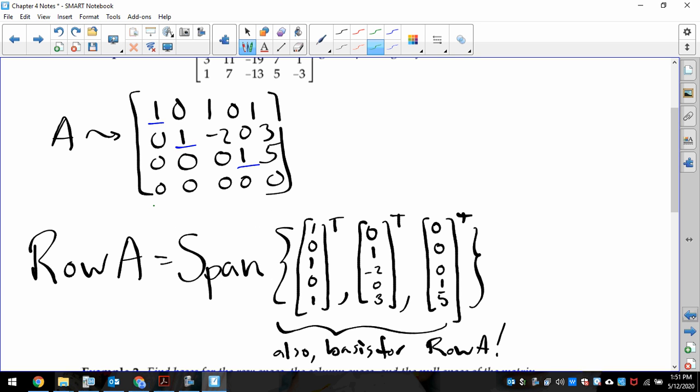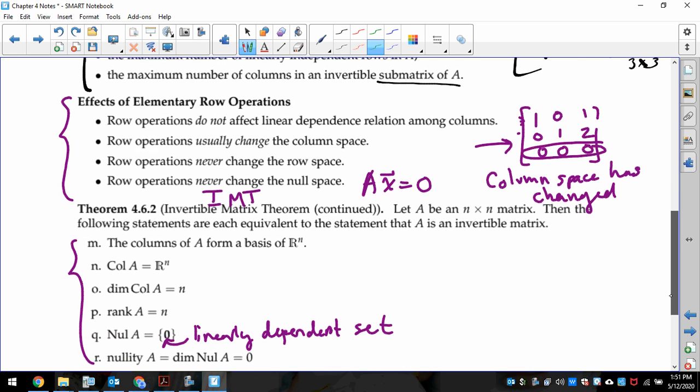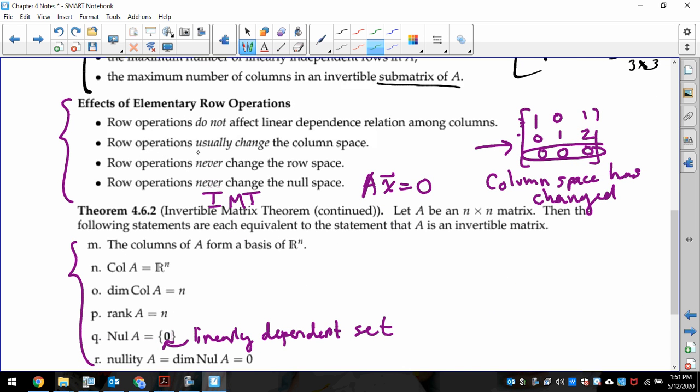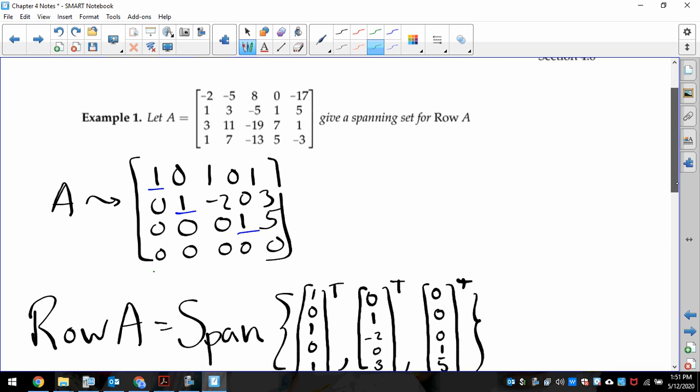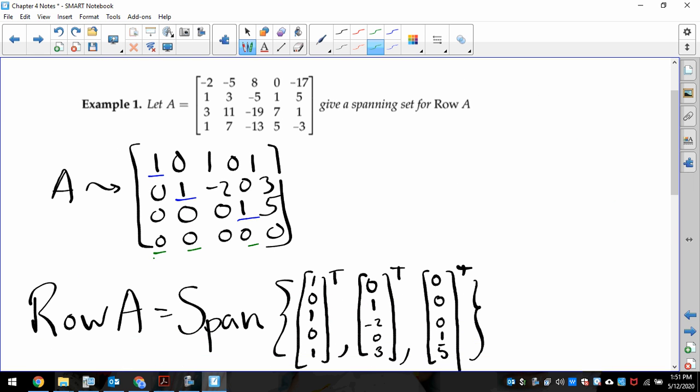And remember, the reason that this isn't the row space is because row operations usually change the column space. So the reason that we don't want to take these columns is because they're no longer the vectors that we started with. What we want to do instead is correspond these pivot columns back to the original column that they came from.